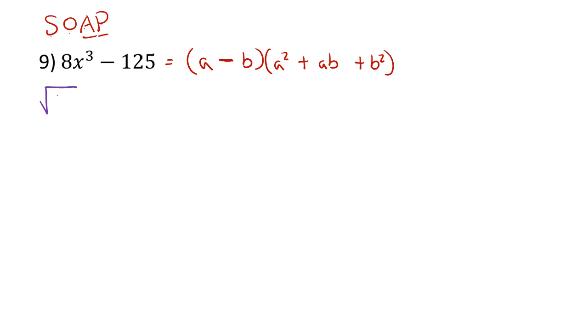To do that, we're going to cube root each one of these values. The cube root of 8 is 2. The cube root of x to the third is just x. Once again, to figure that out in your calculator, you can hit 3, referring to a cube root, hit the second button, and then hit the caret button.